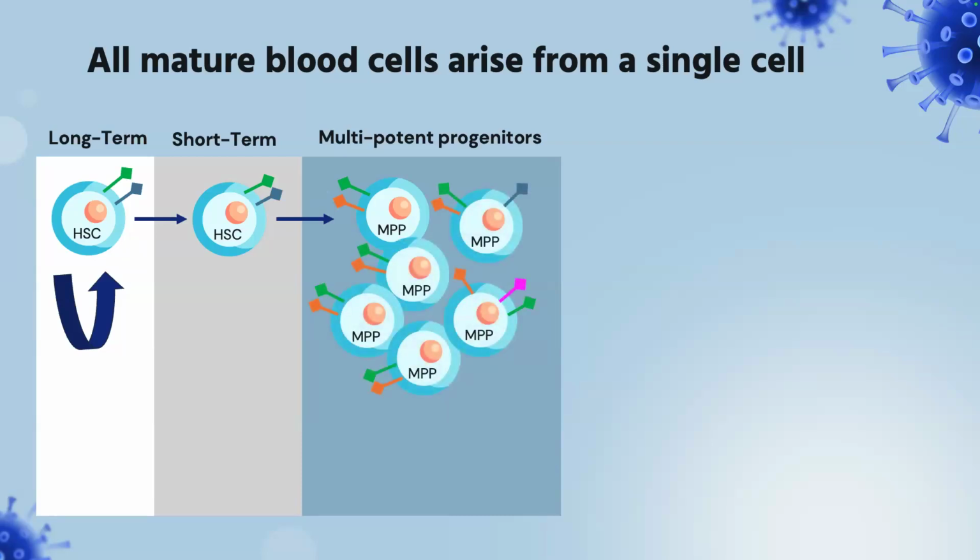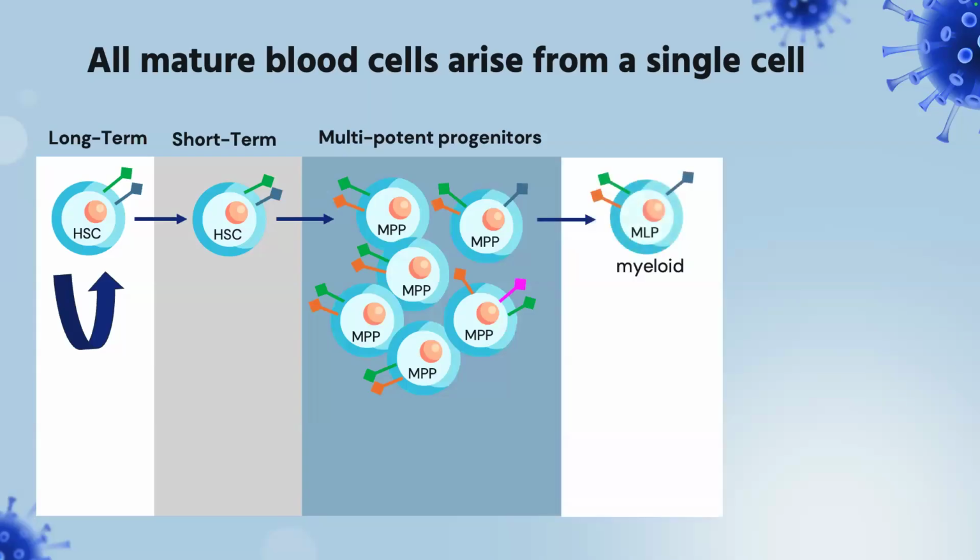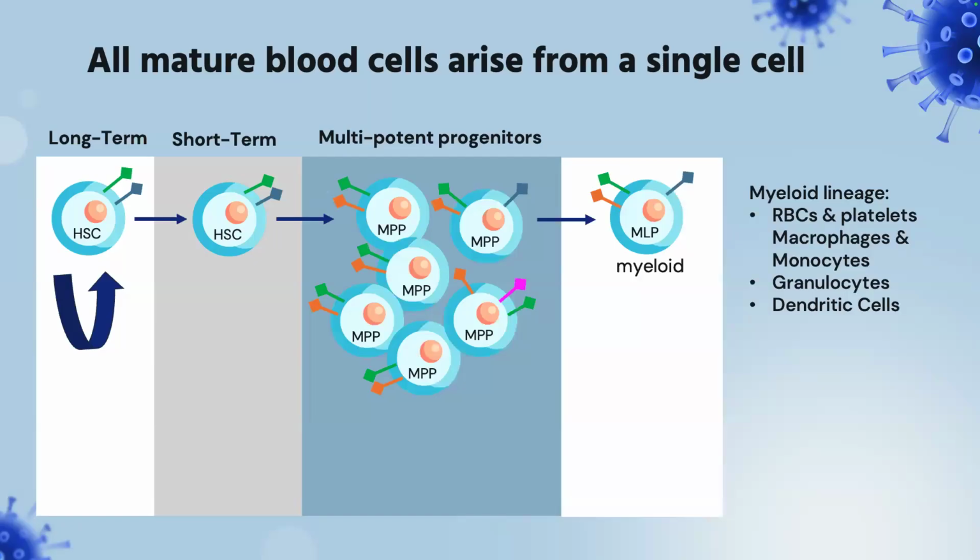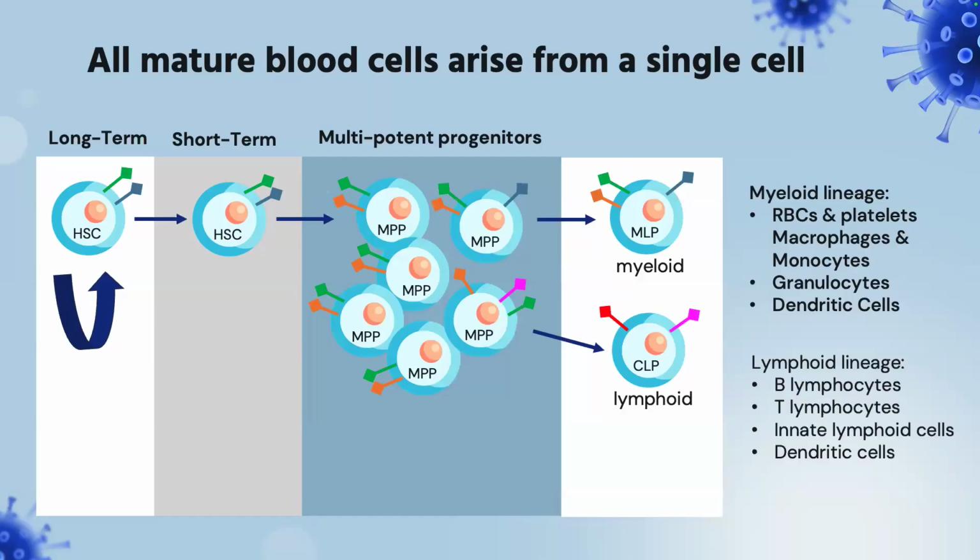Some of these cells will become common myeloid progenitor cells, which can further differentiate into innate immune cells and red blood cells. Other MPPs will become common lymphoid progenitor cells, and these will give rise to cells that play a role in the adaptive immune system.